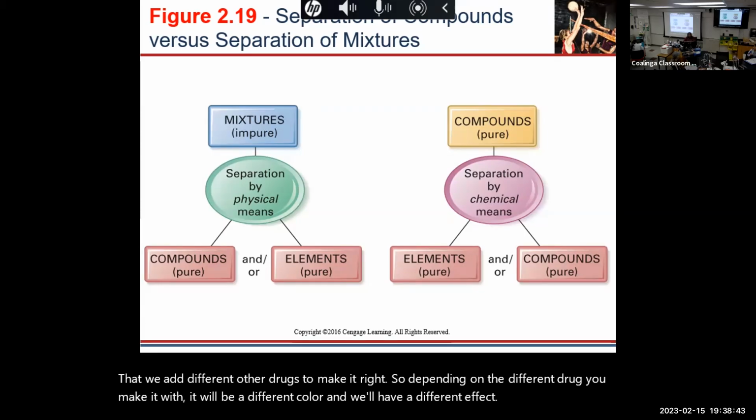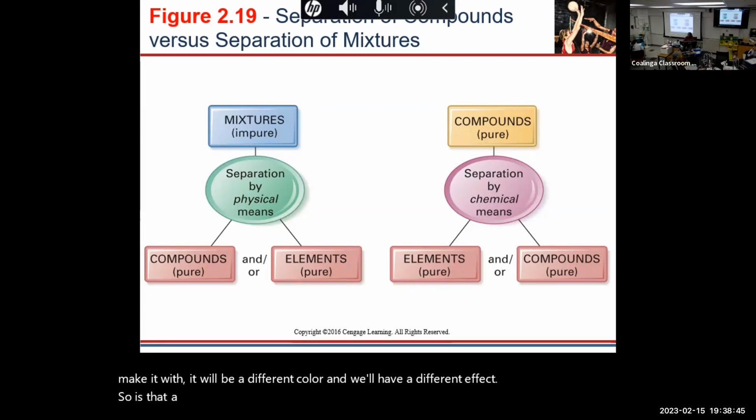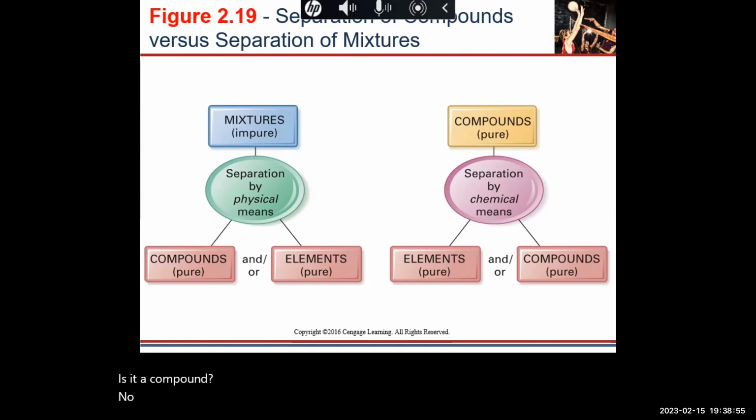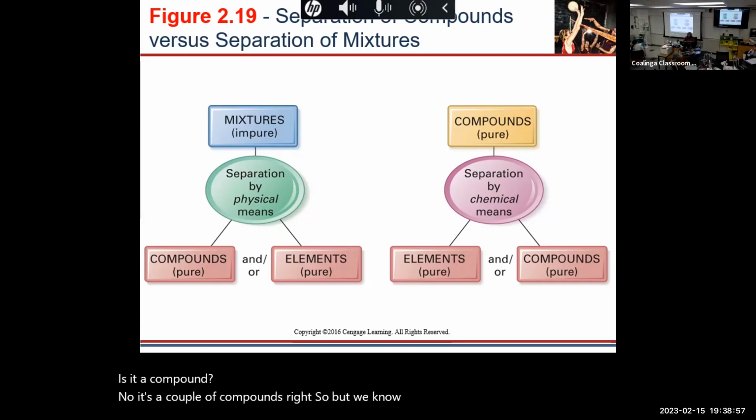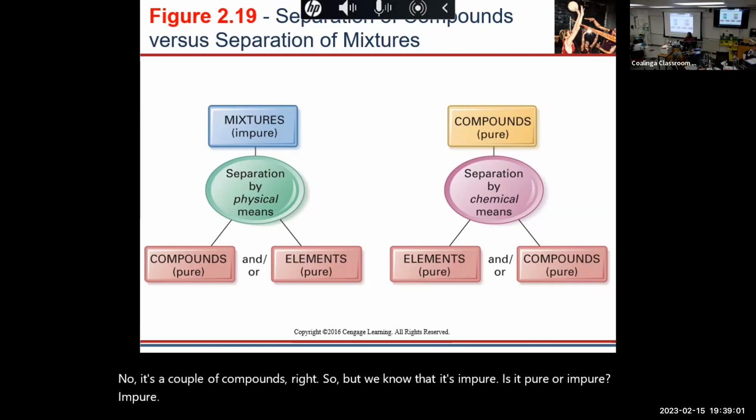So is that a mixture? Yes, it is a mixture. Is it a compound? No. We know that it's impure. Is it pure or impure? Impure. I keep giving you guys the answers.